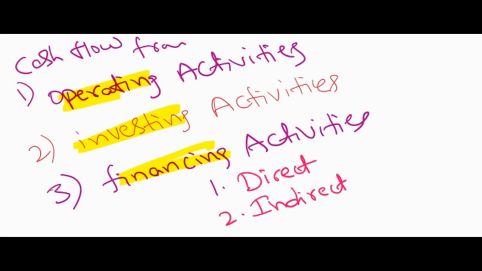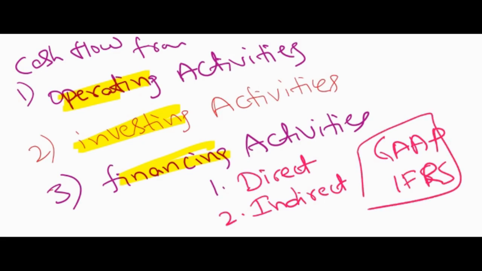Both these methods are accepted by GAAP and IFRS. So we can use any of these, but generally the preferred statement is the indirect statement, right? So let us look at how we can make these direct and indirect statements.